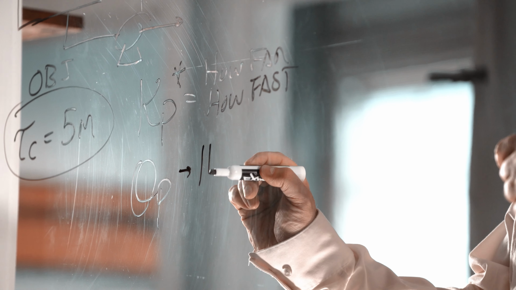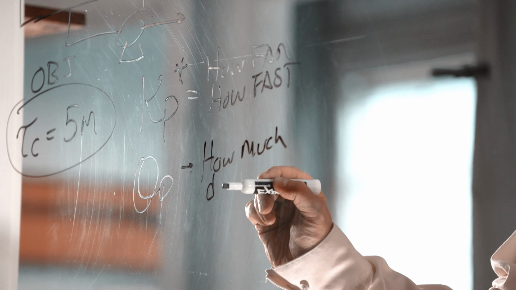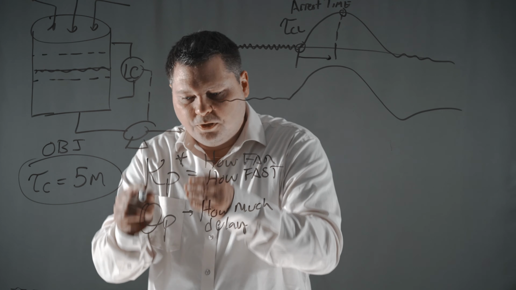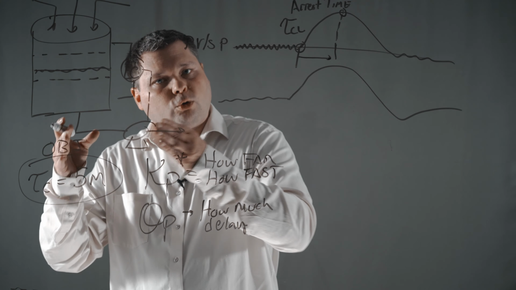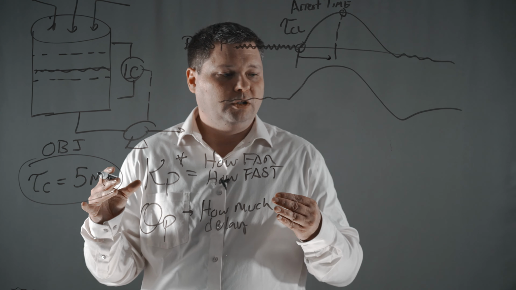The dead time is how much delay. And so we were able to calculate those terms. With these terms and the control objective that you're trying to achieve, we can tune level controllers.